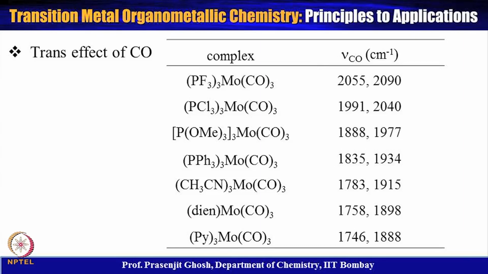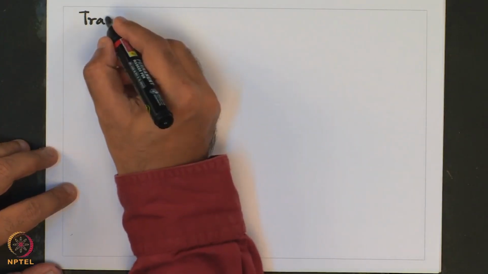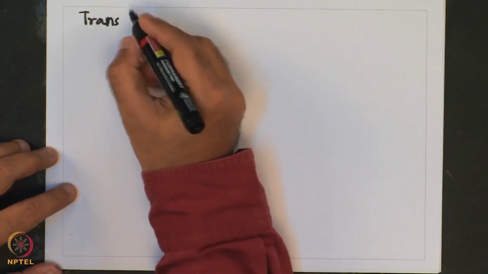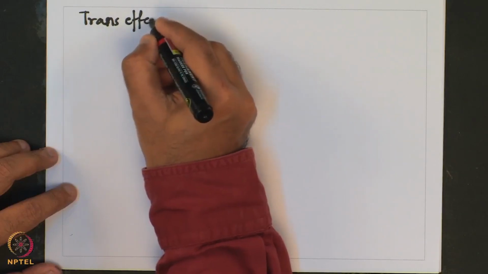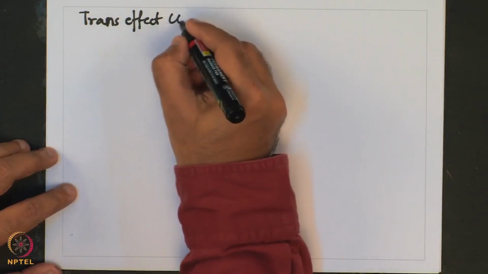This is nicely illustrated in this series of examples, where replacing carbon monoxide by weak pi acceptor ligands leads to a decrease in the CO stretching frequency. So, here are examples of some complexes showing this trans effect of CO.